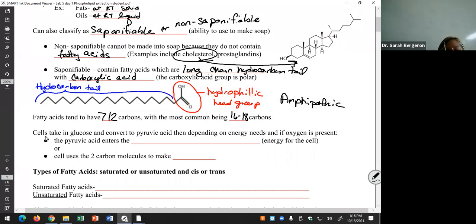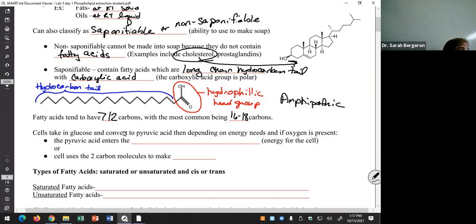So you have to think about why fatty acids are important for cellular metabolism. Normally, cells are going to take in glucose. That's their primary fuel source. They're going to metabolize it, and we'll get to this in Biochem 1. We'll talk about metabolism of glucose.